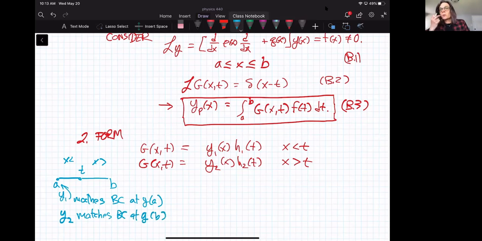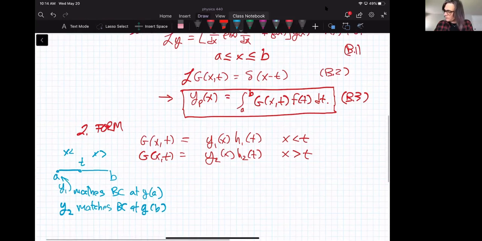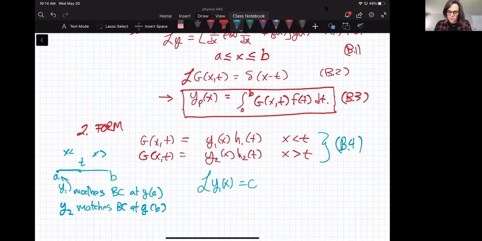That'll help us decide which one of these solutions is y1 and y2. The other part to this is that y1 of x is the solution to a homogeneous equation. In other words, L times y1 of x is equal to 0 at A. That's another way of saying that it matches the boundary condition for the homogeneous differential equation.